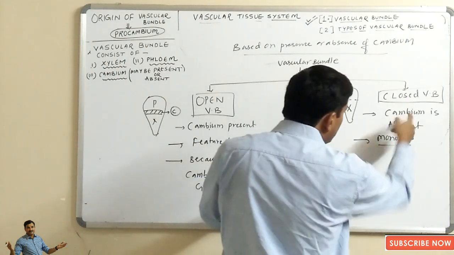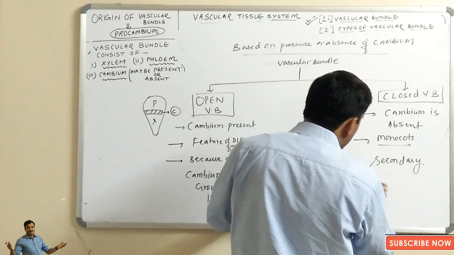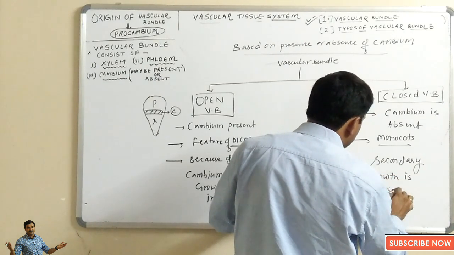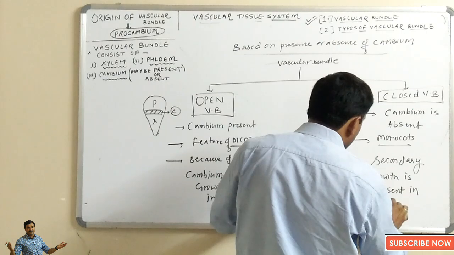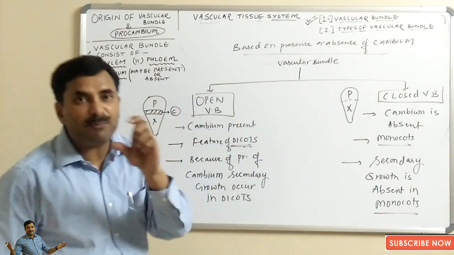But as we know that here the cambium is absent, so secondary growth is absent in monocots.